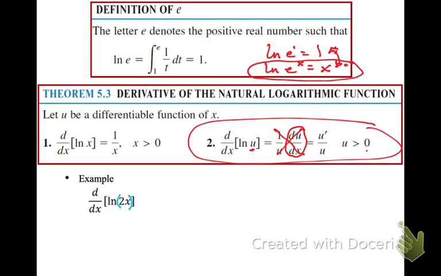If you don't do that, you might get confused. So, u is 2x, not 2 of x. So, u prime is 2. So, it's u prime over u, so it's 2 over 2x, which is 1 over x.